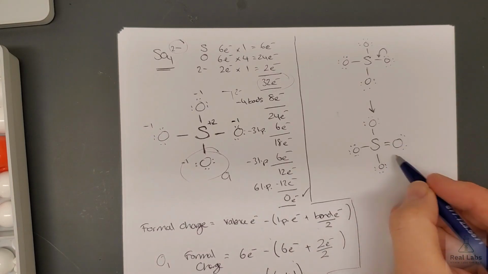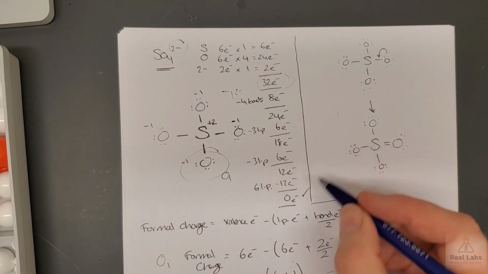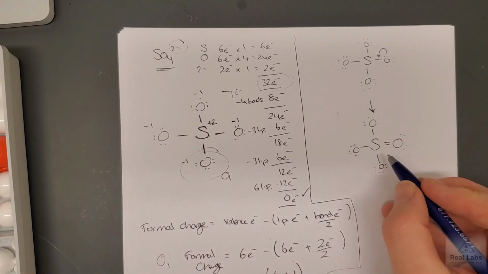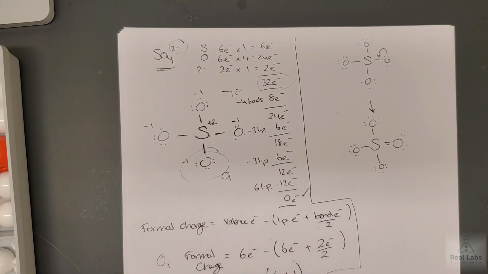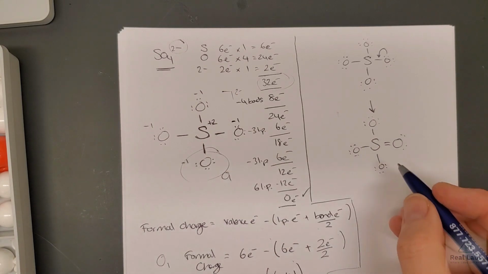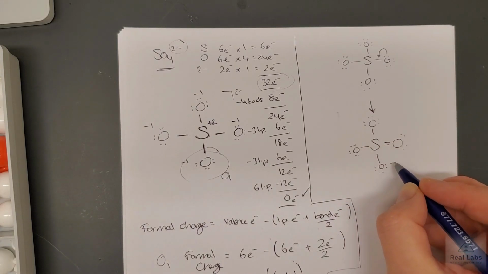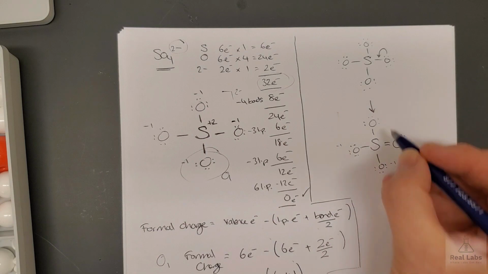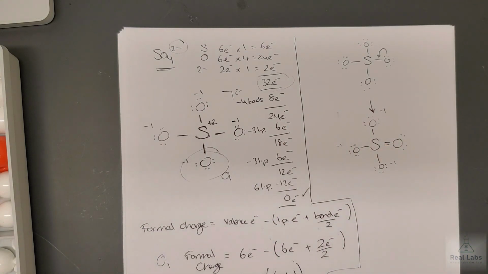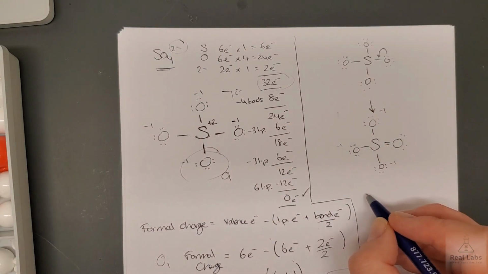Each of these oxygens still has 8 valence electrons around it. The difference is now the sulfur has 10 valence electrons, which is okay. So if we calculate formal charge now, these oxygens here haven't changed. There's still a minus 1 formal charge. But what about the sulfur and the oxygen?